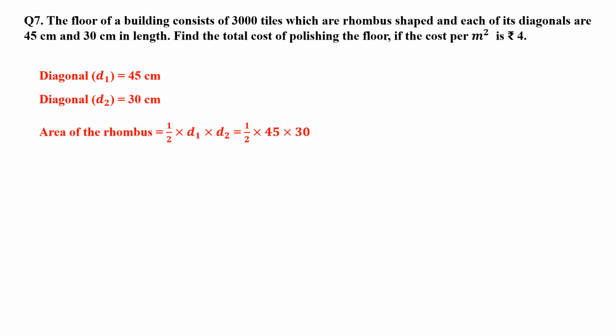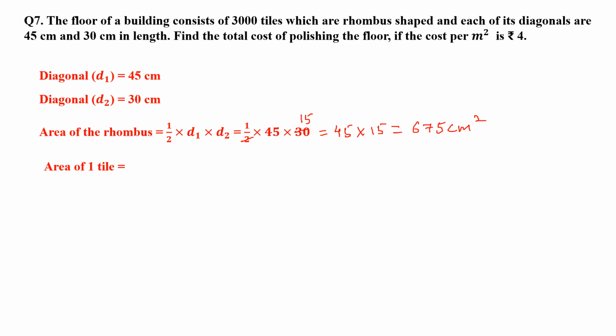Now I'm going to put all the values. So it will be half into 45 into 30, and if I reduce it, 2 times 15, it will give me 45 into 15, and if I multiply it, I will get 675 centimeter square. So this is the area of the rhombus, meaning the area of one tile.